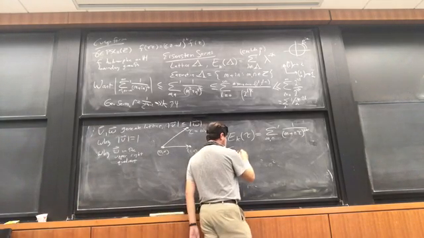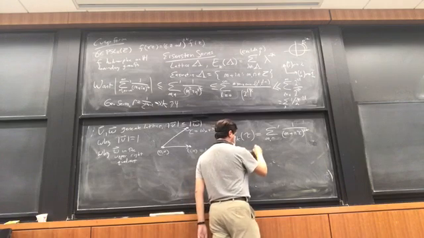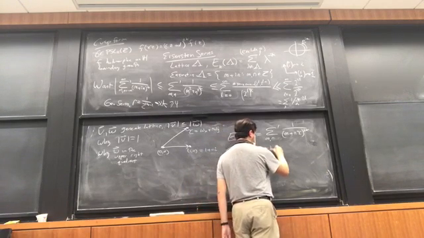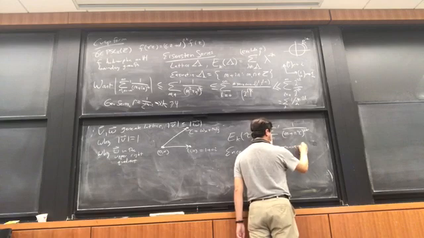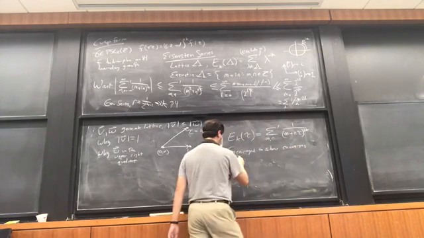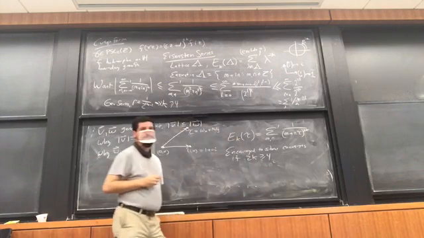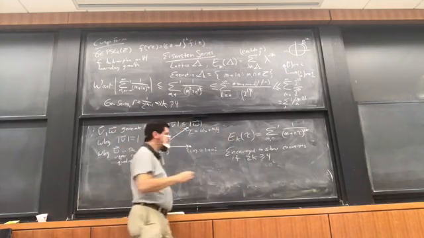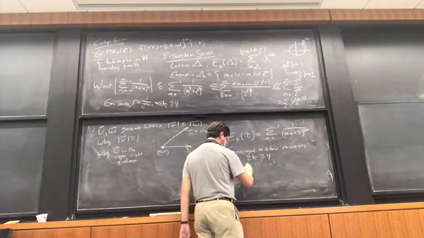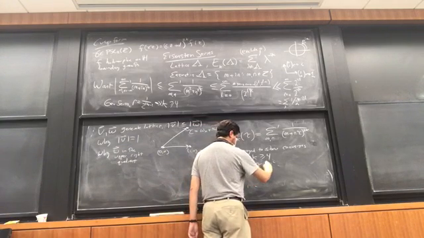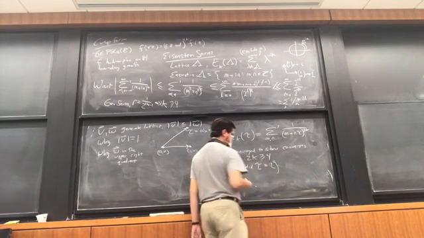So we're encouraged to show it converges if 2k is greater than or equal to 4. We did the special case when tau is just i, and that was the square lattice.